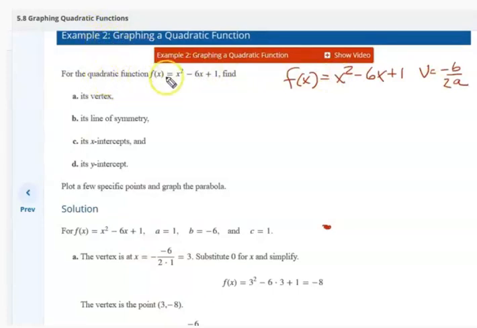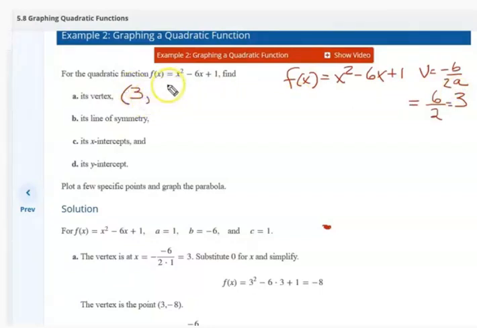In example 2 now, again, there's the quadratic function that I've written up. We want to find the vertex. So here, x will equal negative b over 2a. Now, b is -6, so negative b is +6. And then a is 1, so 2 times 1 is 2. So our x value for the vertex is going to be 3.